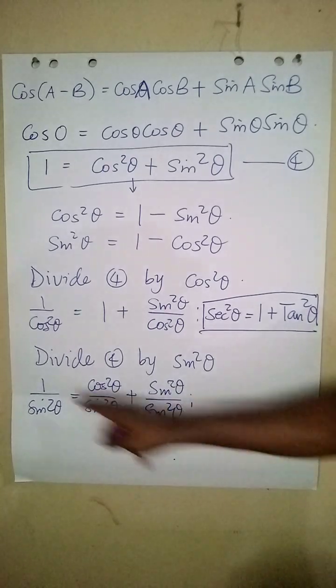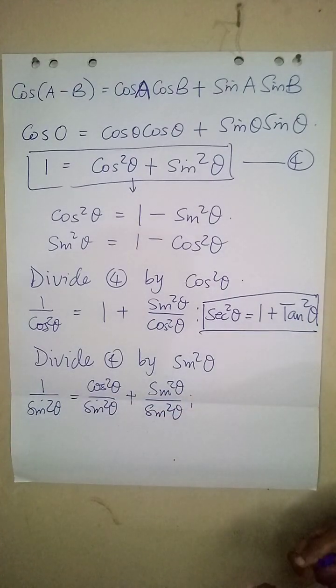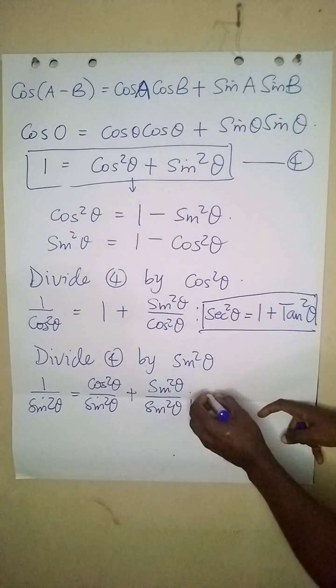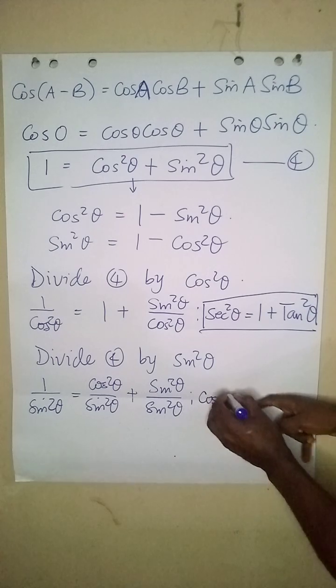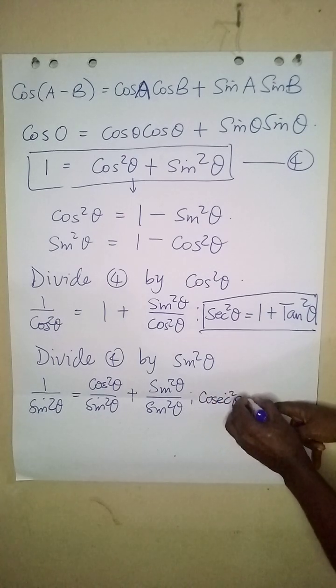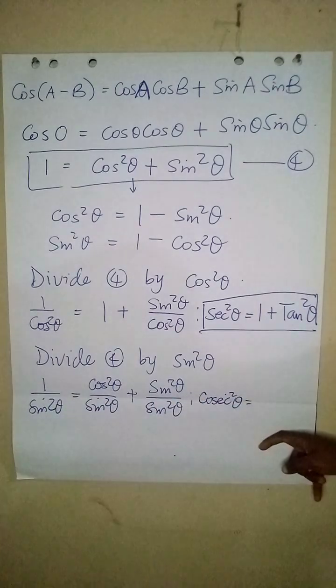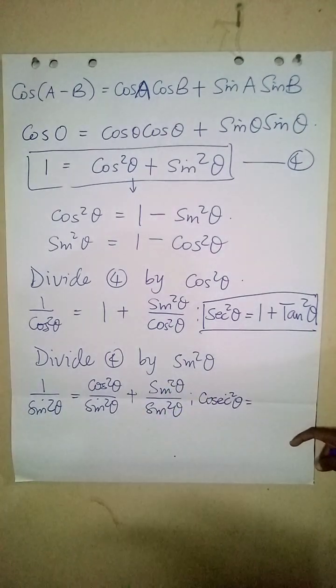And you see 1 over sine square theta is another trigonometric identity we call cosec square theta. So take note of that. 1 over sine theta is cosec theta.